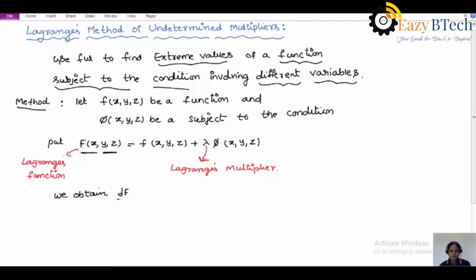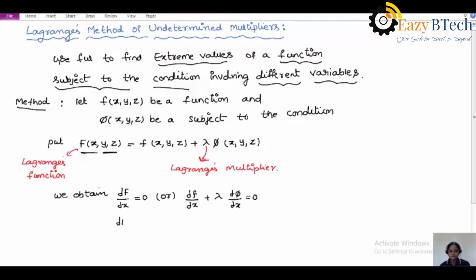Now next we obtain the partial derivative of capital F with respect to x, equating to 0. So capital F contains the function and the subject to the condition. That means dou f by dou x plus lambda dou phi by dou x is equal to 0.